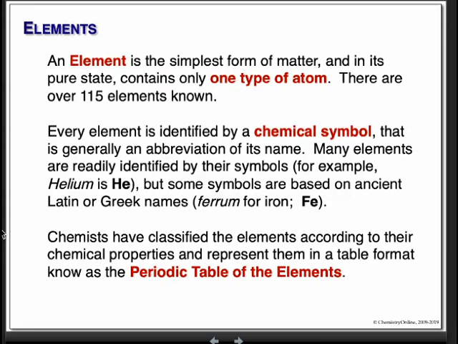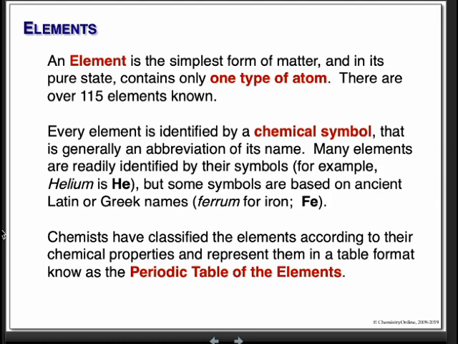An element is the simplest form of matter. It only has one type of atom. Every element has its own chemical symbol, and those are arranged in what we call the periodic table of the elements, one of these guys.